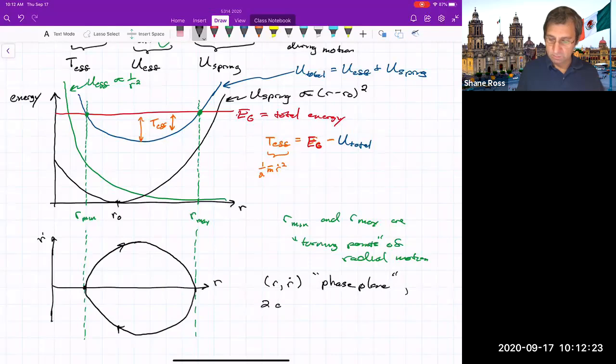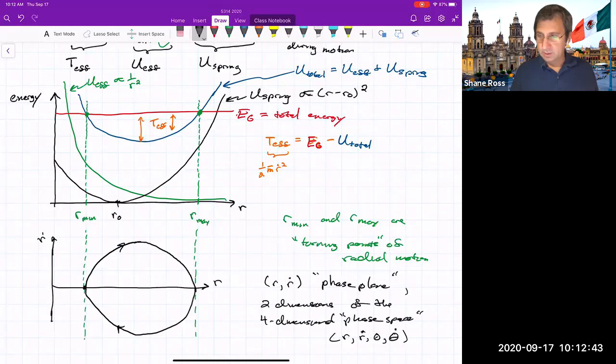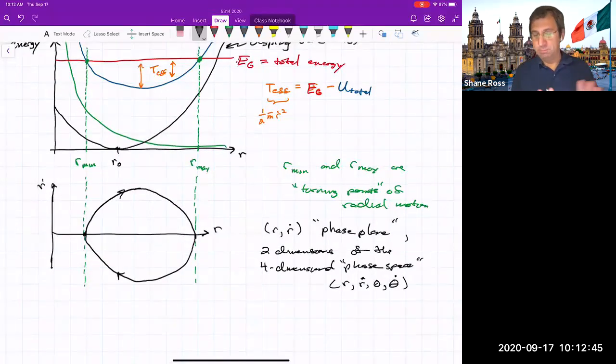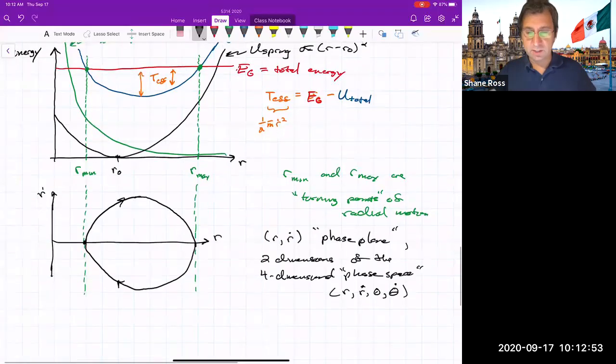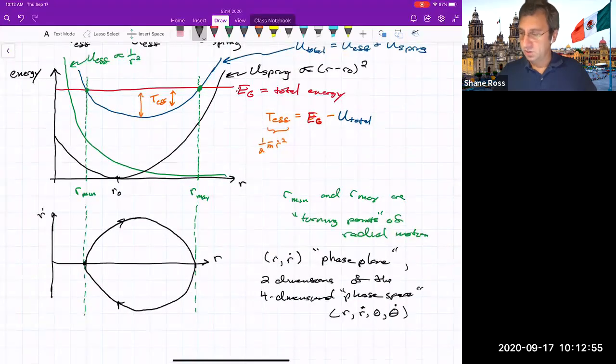It's just 2 dimensions of the 4-dimensional phase space, which you could view as r, r dot, theta, theta dot. We're not going to do anything more with phase planes and phase portraits right now, but that was just the energy perspective on this system. Are there questions about this before we go on?